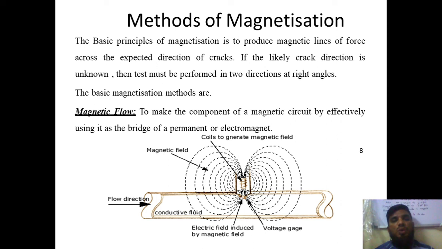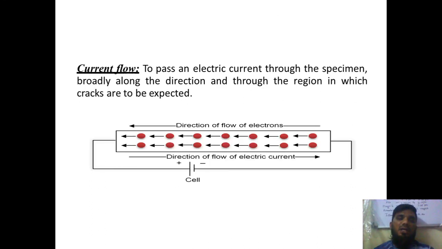To make the component part of a magnetic circuit, we use it as a bridge of permanent or electromagnets. Here, they pass some amount of current through a part, so there will be continuous generation of a magnetic field. When this magnetic field passes through the conductive material, it is converted to a magnetic field in the material.